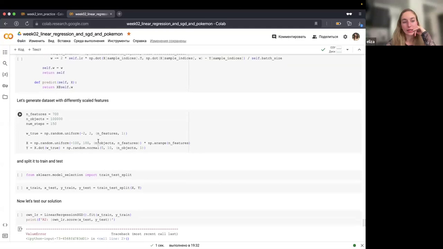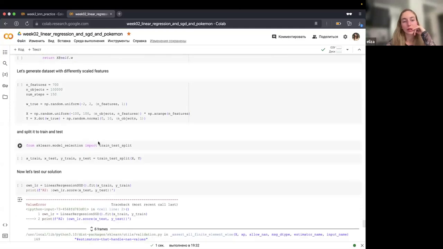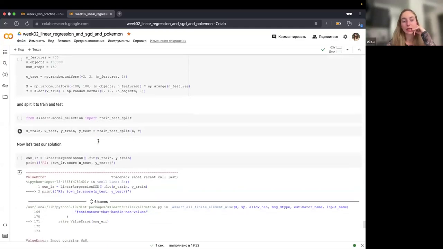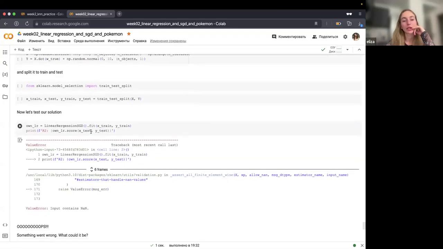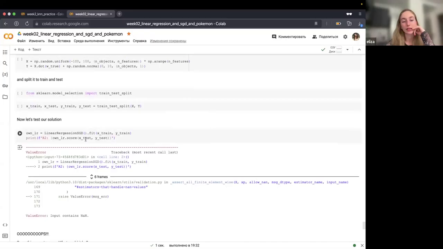In the example below, you generate some data, and you use linear regression with stochastic gradient descent.